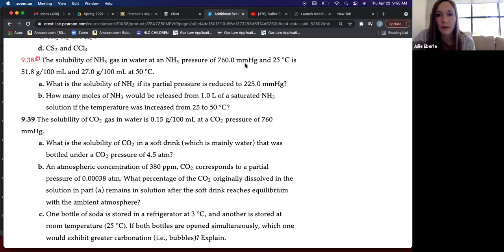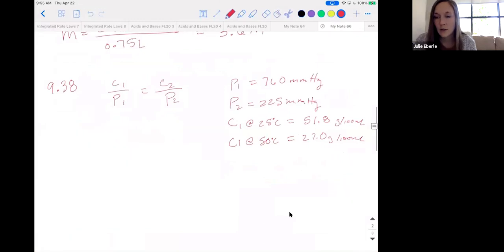Let me get over to the iPad and crunch this out. I think this question's poorly worded. They should have said, what is the solubility at 25 degrees and what is the new solubility at 50 degrees? They've given you two C1 values because they're different depending on the temperature.